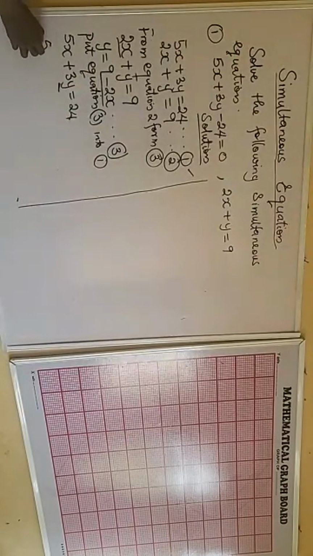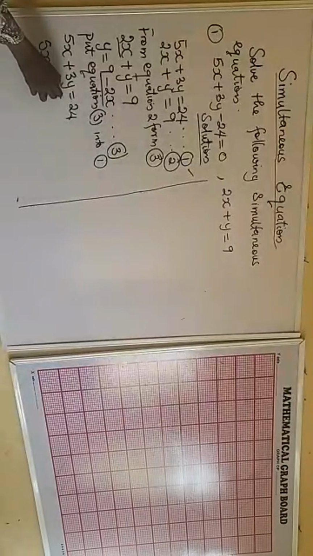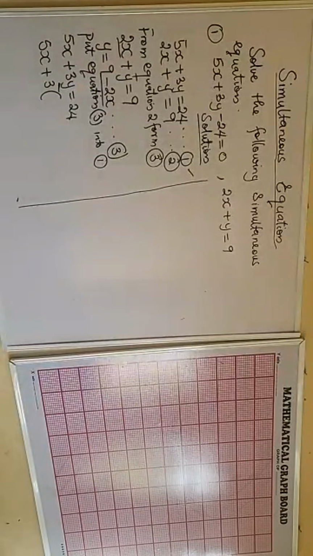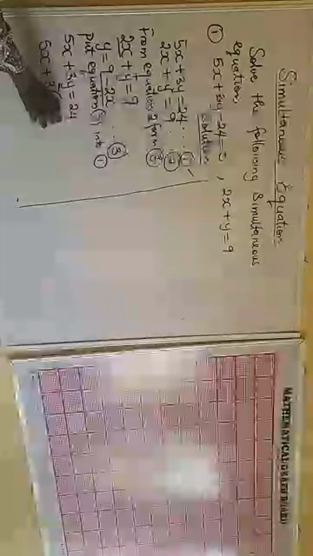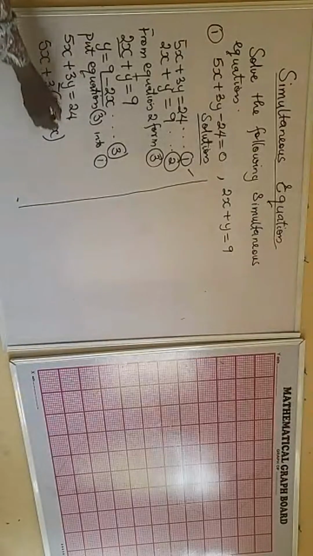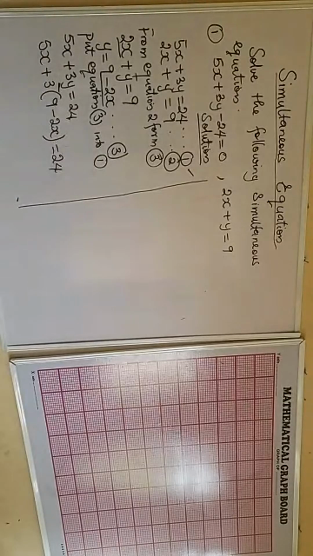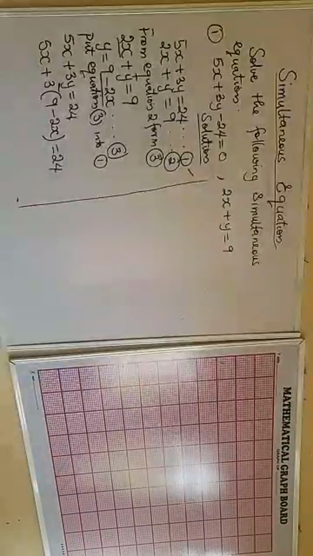So here we have 5x plus 3 brackets. What is y now? It is 9 minus 2x, is equal to 24. Now, we are going to open the bracket.